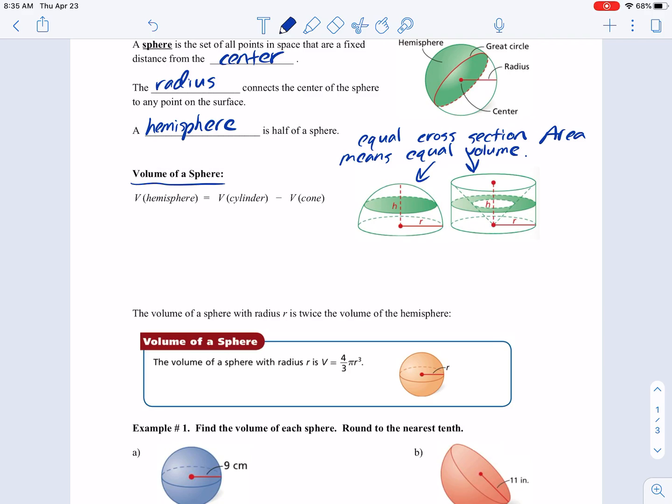So what we can do then is say the volume of this hemisphere equals the volume of the cylinder with the inverted cone, which is this expression right here. And we know the formula for the volume of a cylinder and the volume of a cone. We just talked about those in the previous units. The volume of a cylinder is just pi r squared, area of the base, times the height.